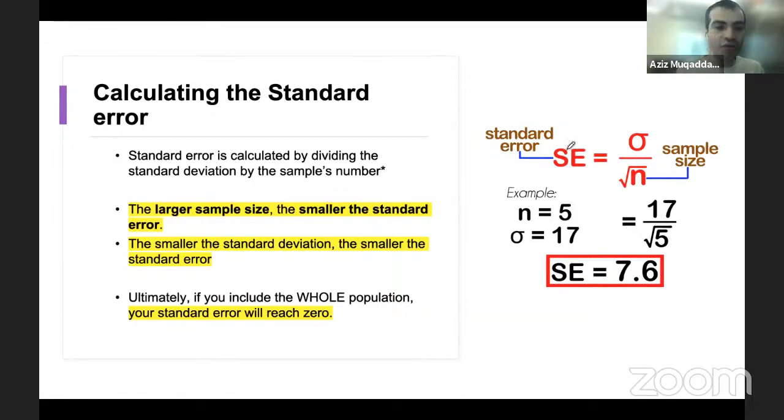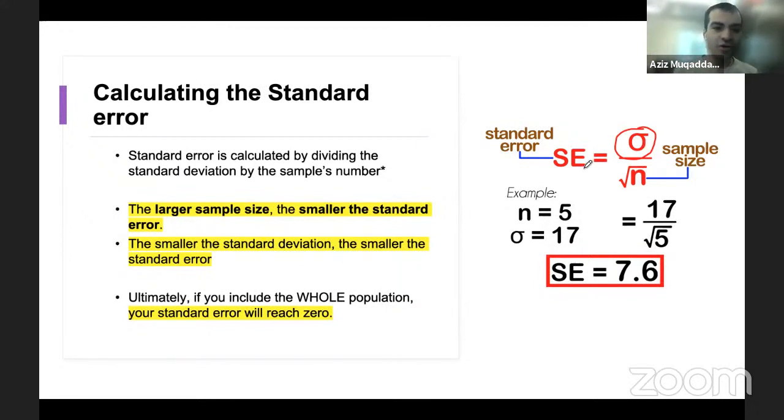So the standard error is basically the standard deviation divided by the square root of the sample size, right? And the idea is the larger your sample size is, the more the mean score would resemble the population score, right? Up to the point that if you have a full census, then the mean score of a sample is the mean score of the population, right?